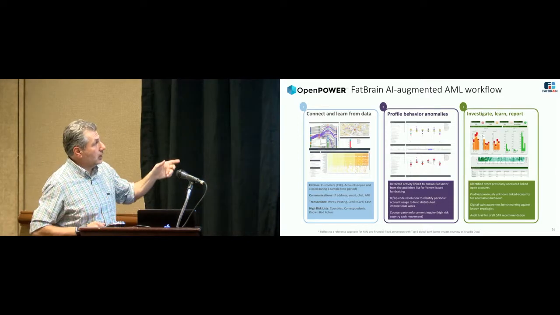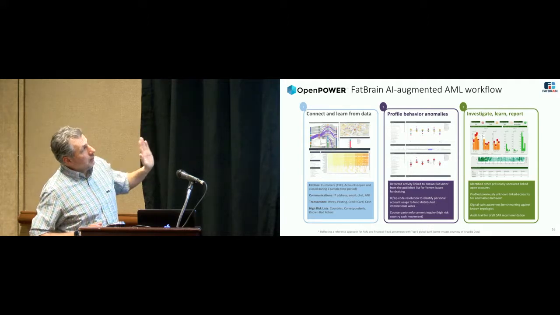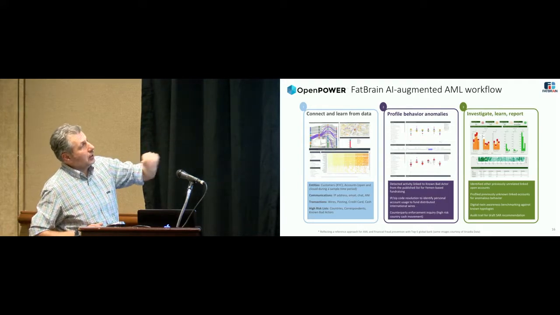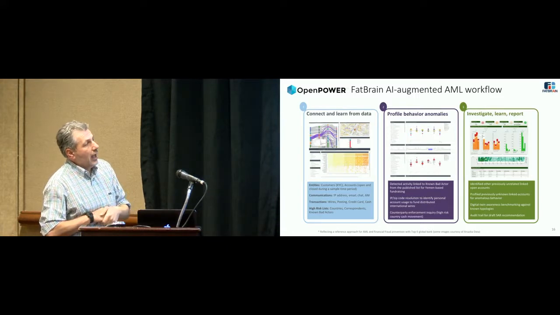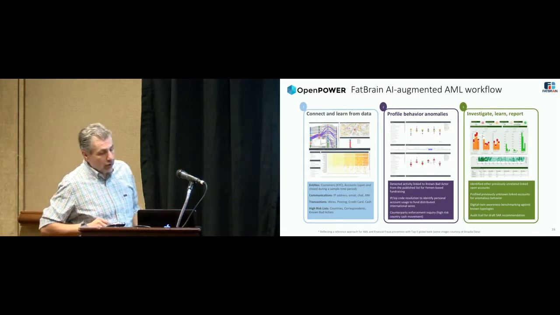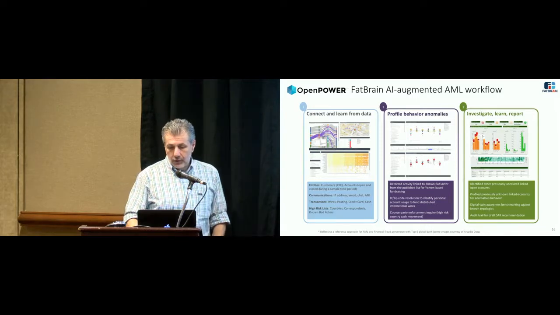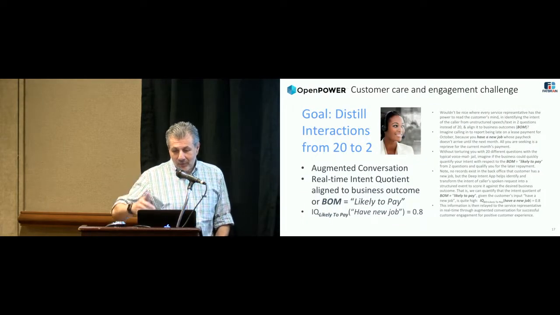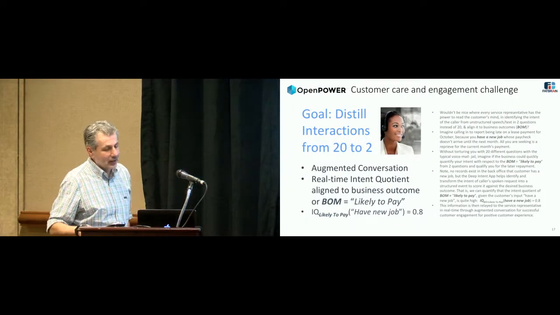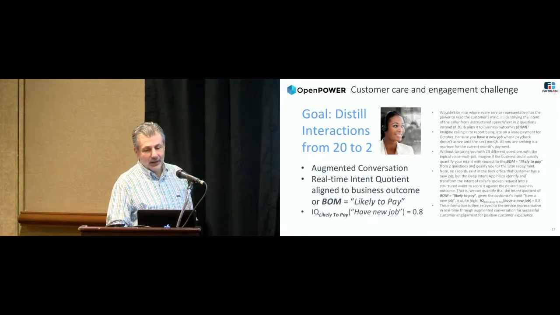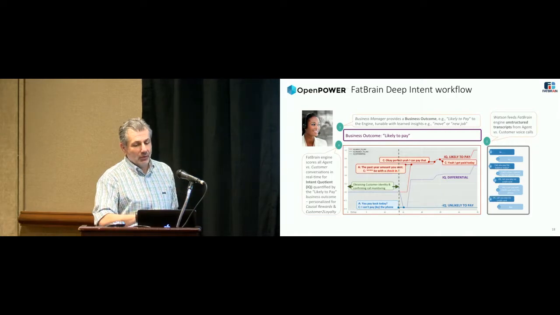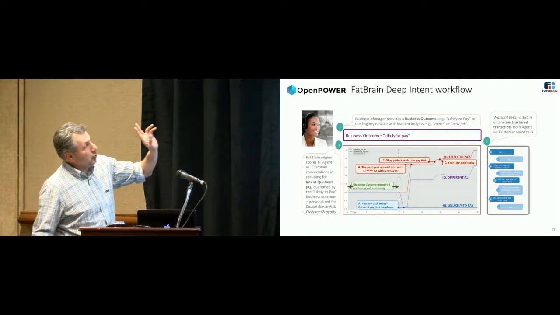Today, it's all probabilistic. And then we drive that to behavior anomalies in chapter 2, where we detect bad actors and are able to act on that. And then, of course, alert the right authorities and produce the reports. This is the example that I used earlier, which was the customer interaction distillation. And the real value there that we're able to do is, imagine you put in a business outcome.